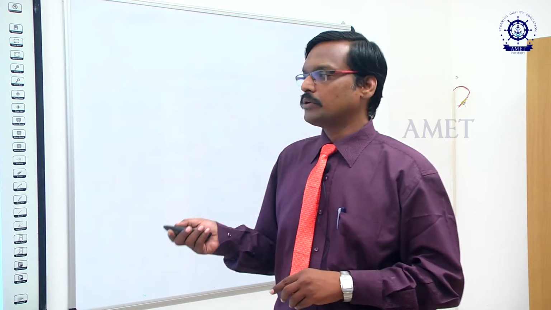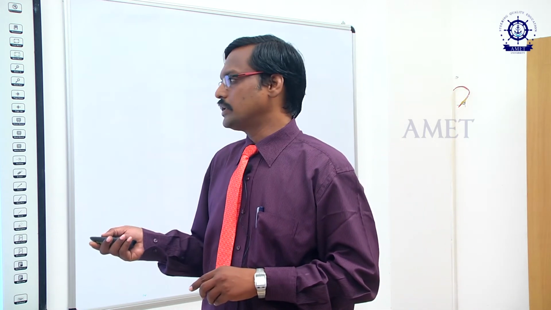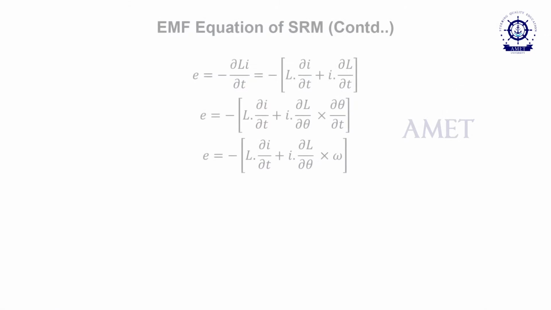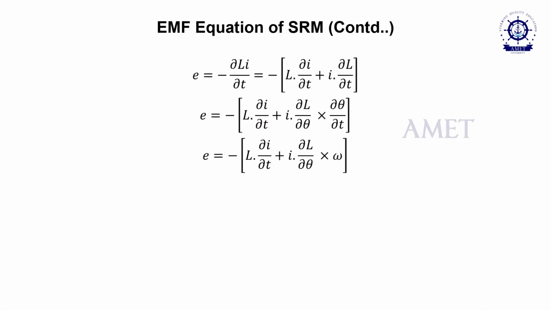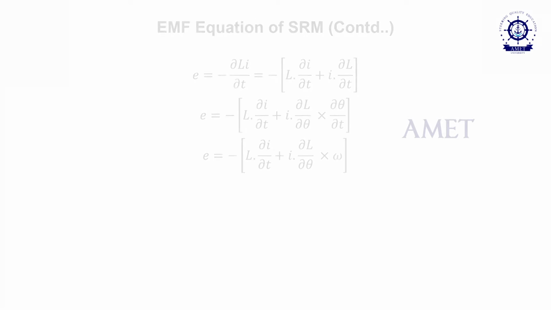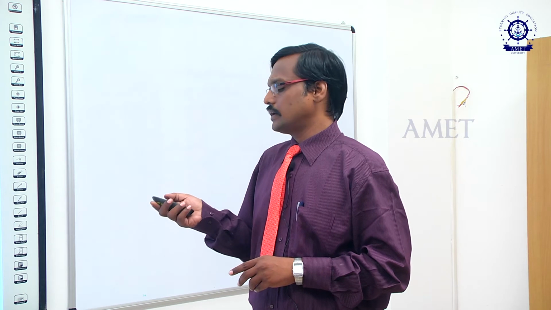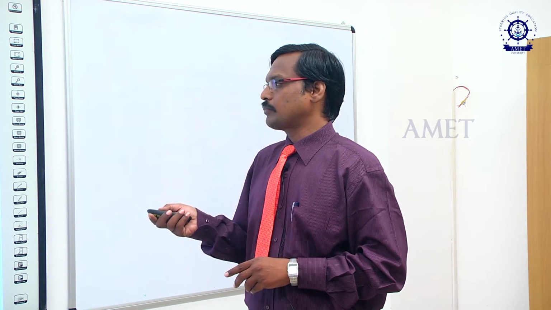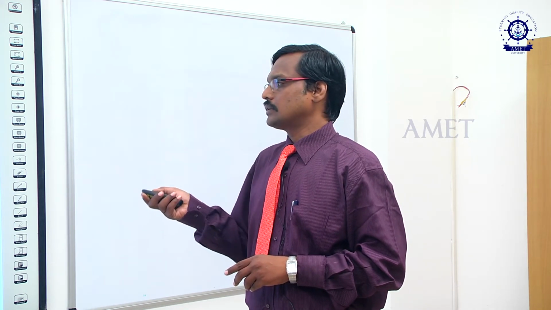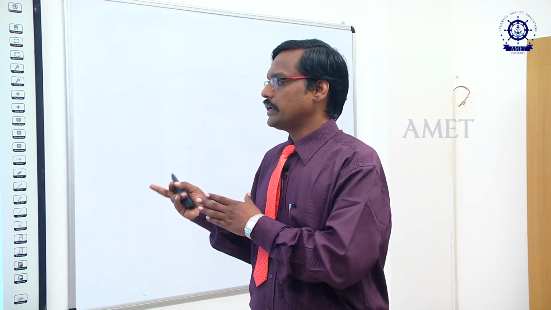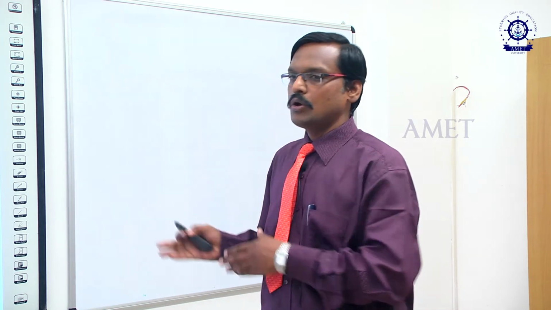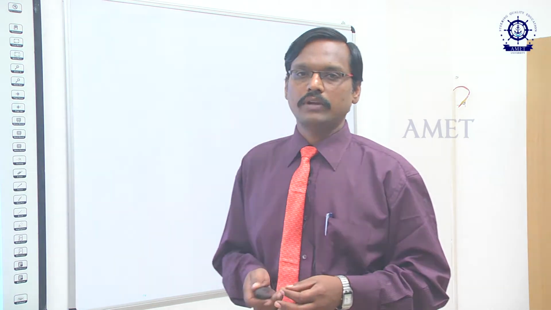So I arrive at the equation E equal to minus L dou I by dou t plus I dou L by dou theta multiplied by omega. This is the EMF equation of this SRM motor. From this, we can say that the EMF is proportional to the inductance of the machine, as well as the rotor position and angular velocity.